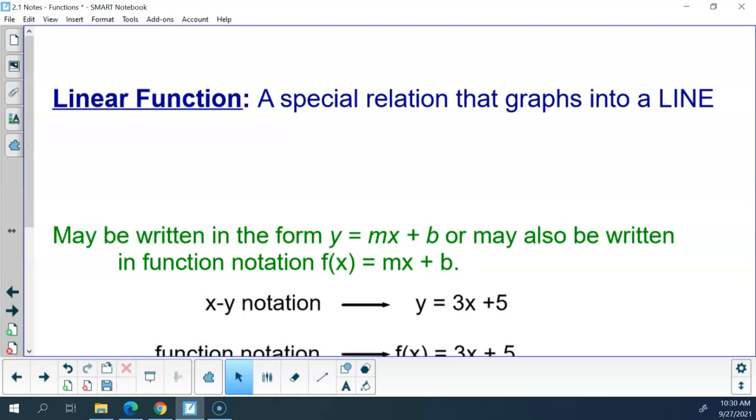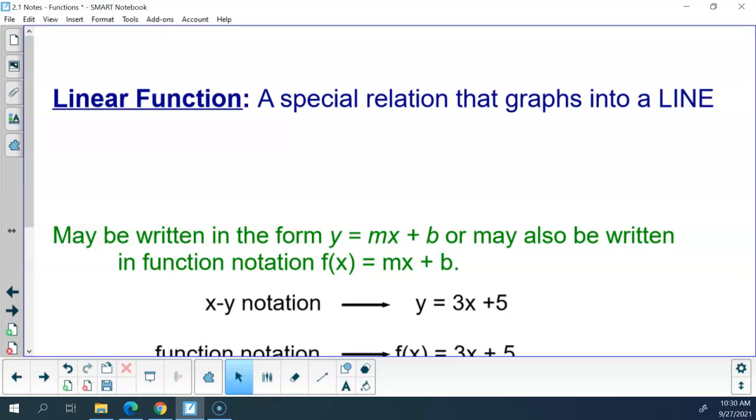That's our normal form for a linear function. And that's what we call xy notation. So for instance, y equals 3x plus 5 is a line with a y-intercept of 5 and a slope of 3. We'll learn all of that coming up this week, next week, and the week after.